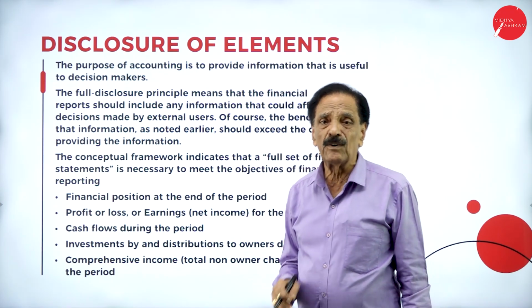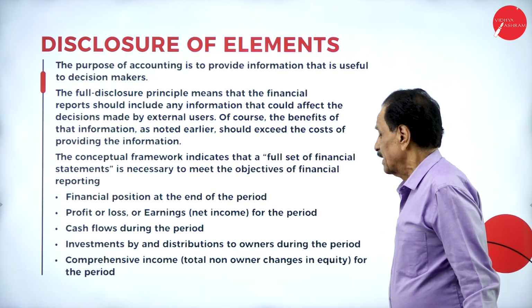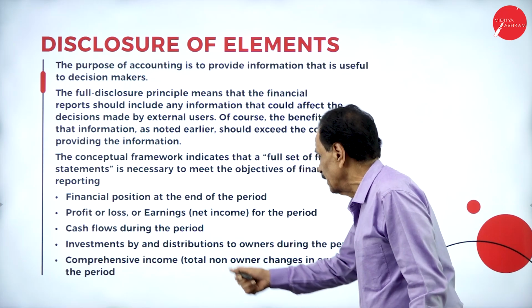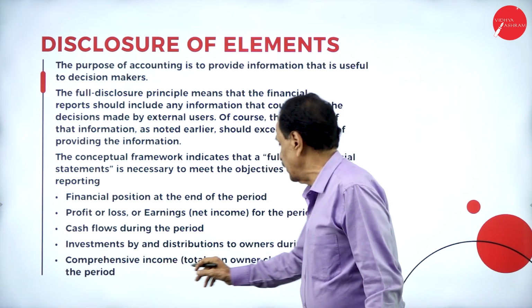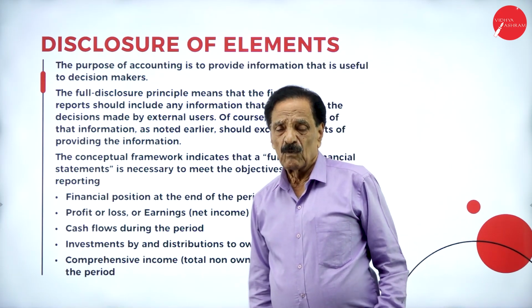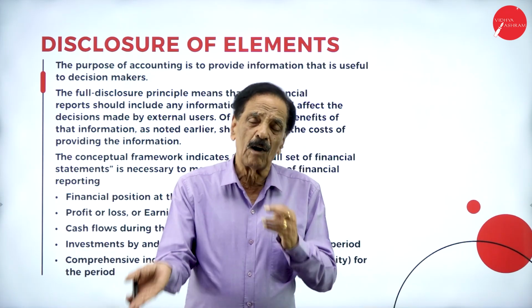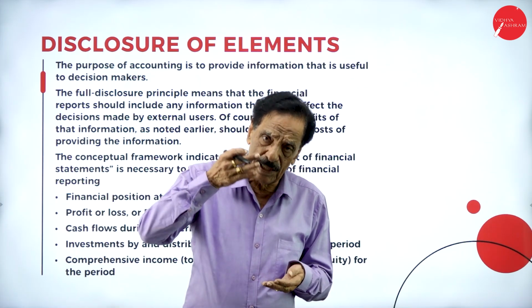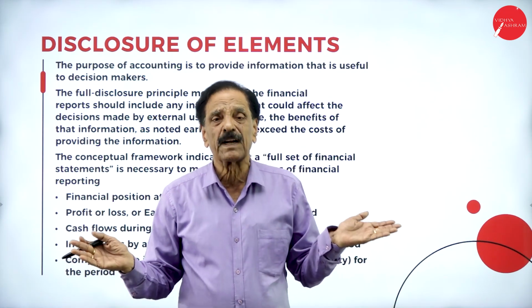Investment by and distribution to owners during the period, comprehensive income, total non-owner changes in equity for the period. Here, whatever the investment is made, it is called the cash outflow. How much is coming in? It's called cash inflows.